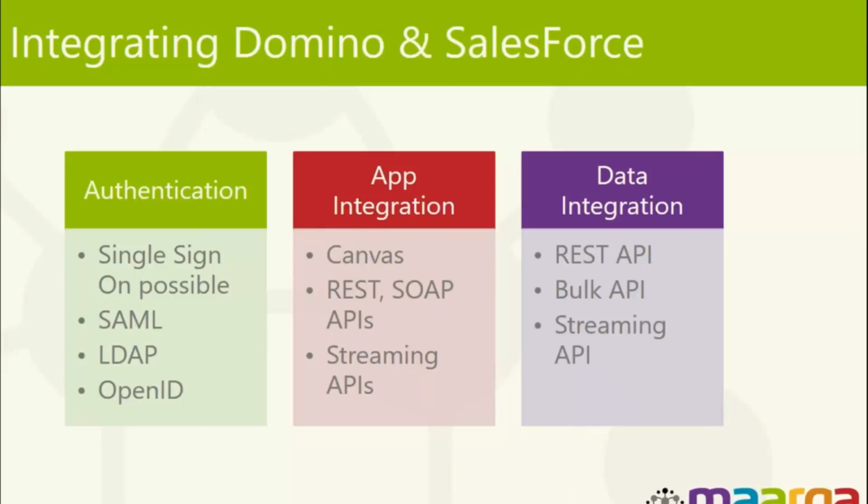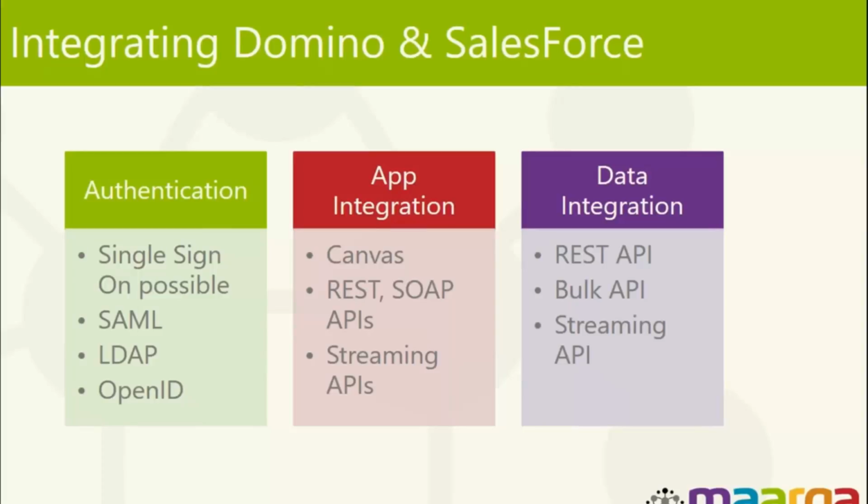The reverse is also possible. I haven't personally seen anyone want to do this at this point in time, which is if you want your Domino users, instead of being authenticated against your names.nsf, to be authenticated against Salesforce. It is technically possible to implement it.